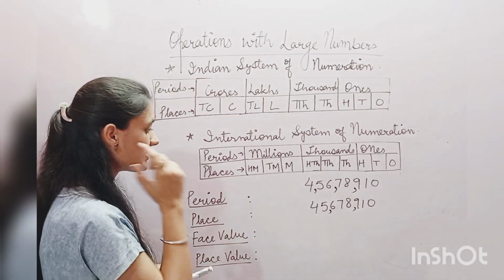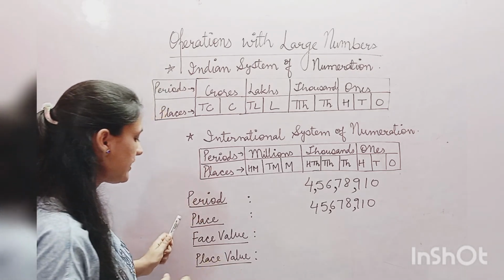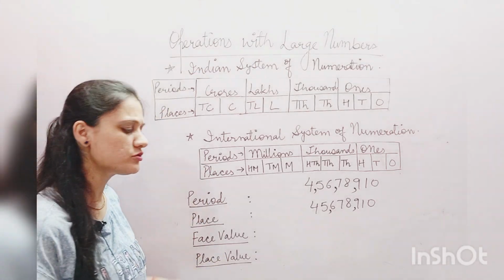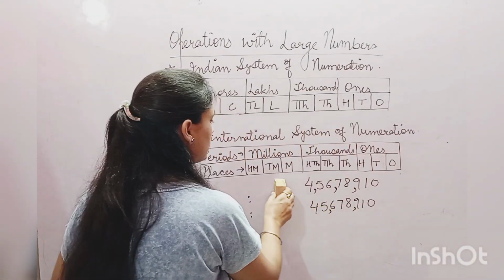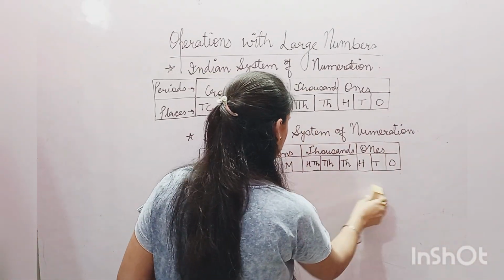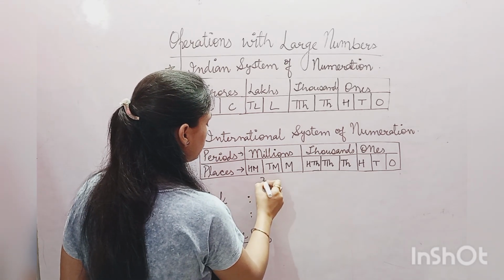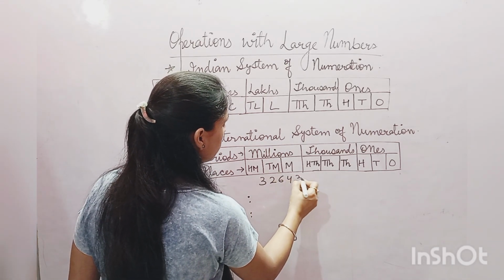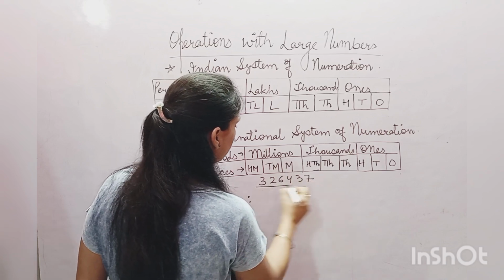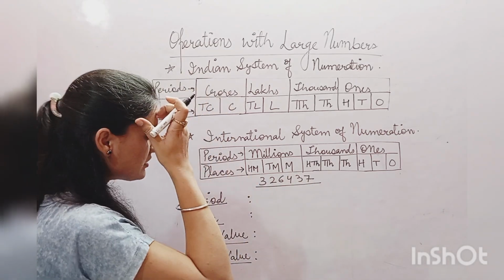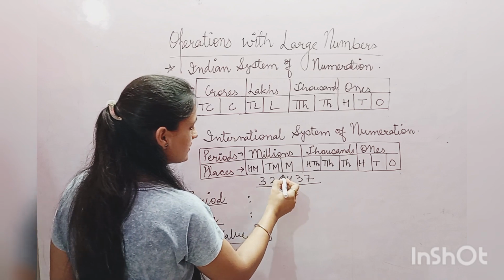Now let us understand the period, place, face value and place value, because most of the students are having confusion in these terms. So let's understand. So I'll write down one number here. I'll write down here 3, 2, 6, 4, 3. Suppose this is our number, right? And somebody asks you what is the period of 6.